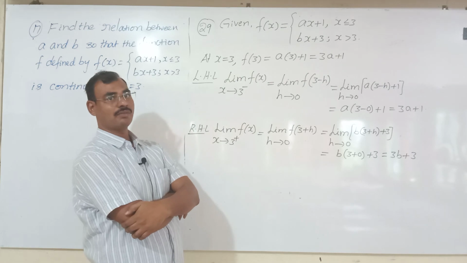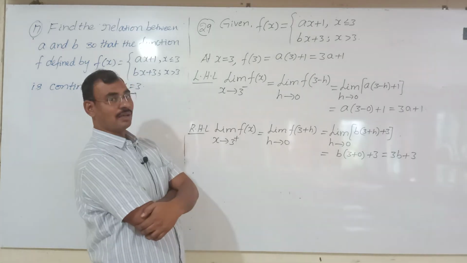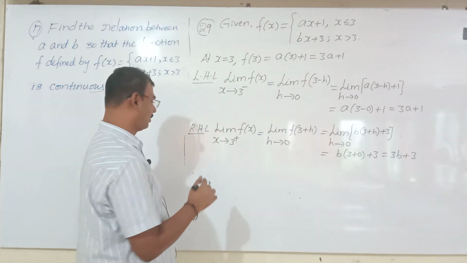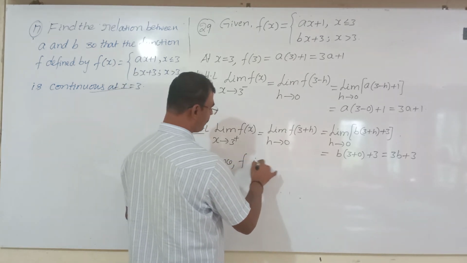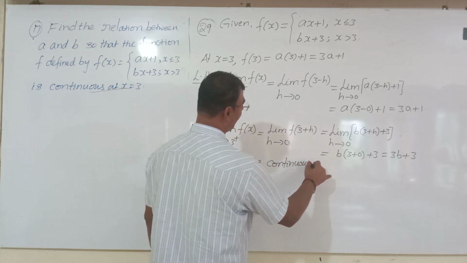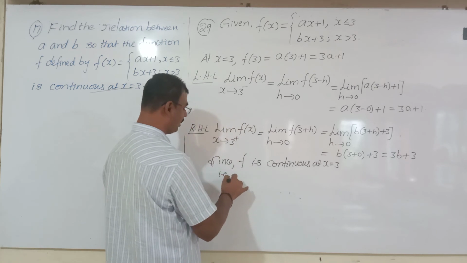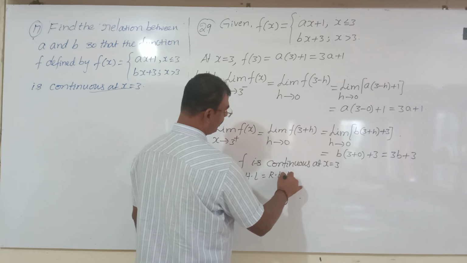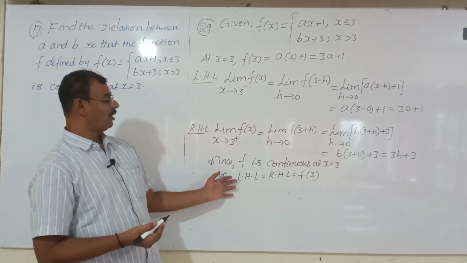The question asks us to find the relation between a and b. According to the problem, f is continuous at x equal to 3. What does it mean? The left hand limit is equal to the right hand limit, which is equal to f of 3. Now we substitute.